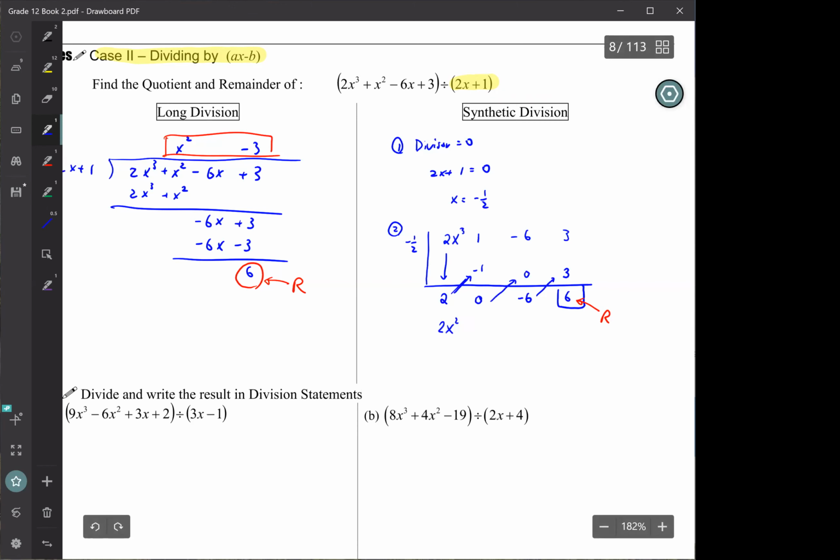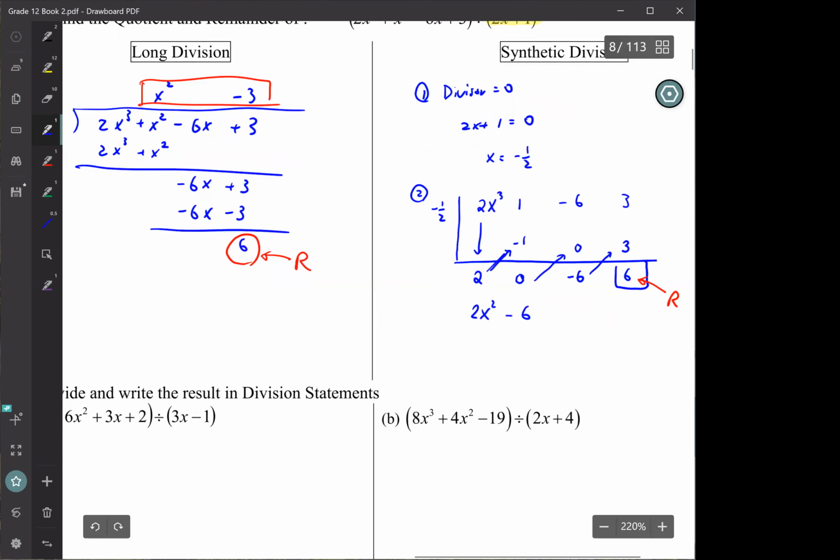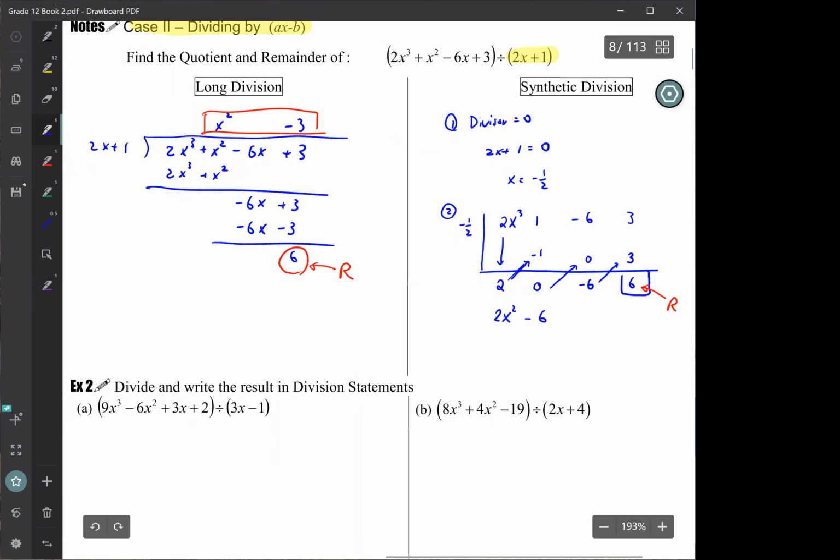The middle one is 0, so we don't have the x term, and then minus 6. So the quotient we got is 2x squared minus 6. But if you compare with the answer from the long division, we got x squared minus 3 instead. So what's the difference here?